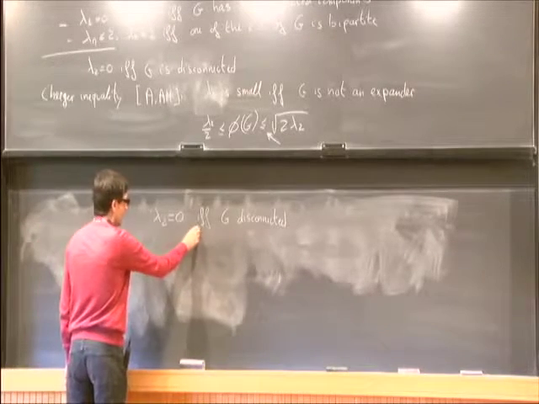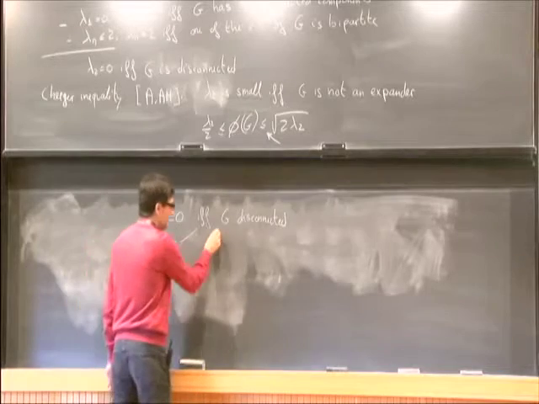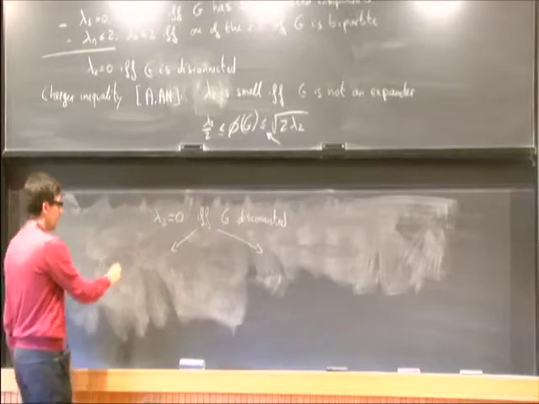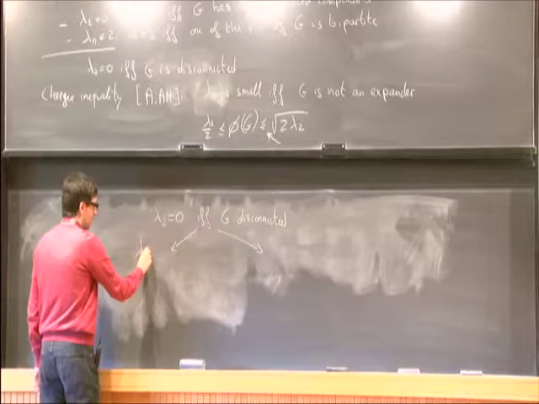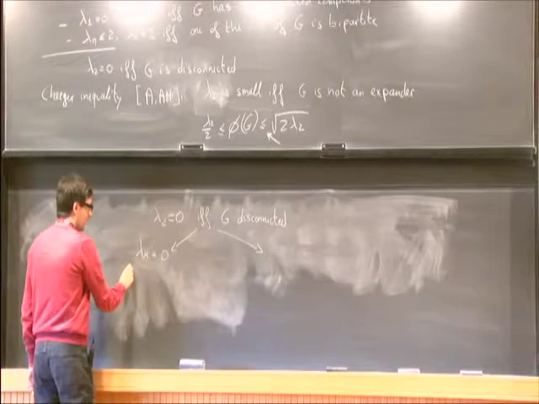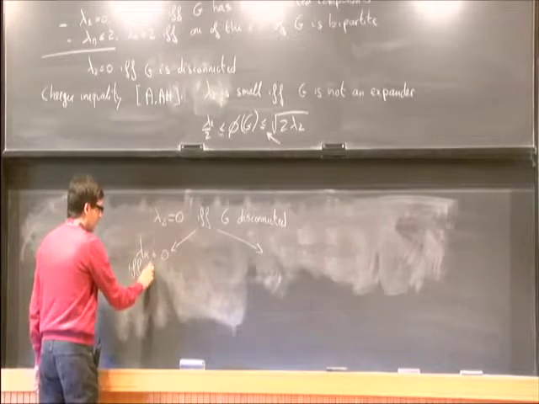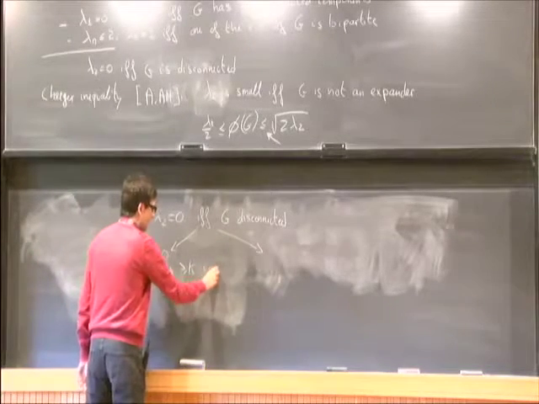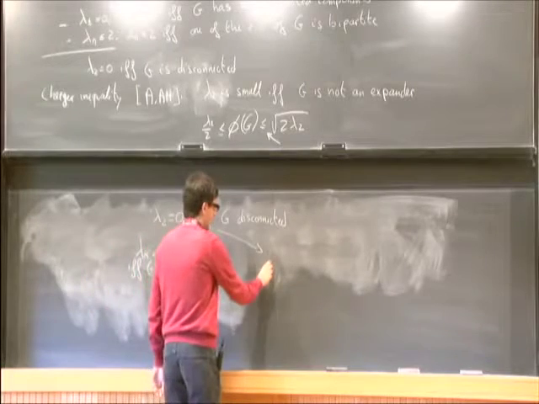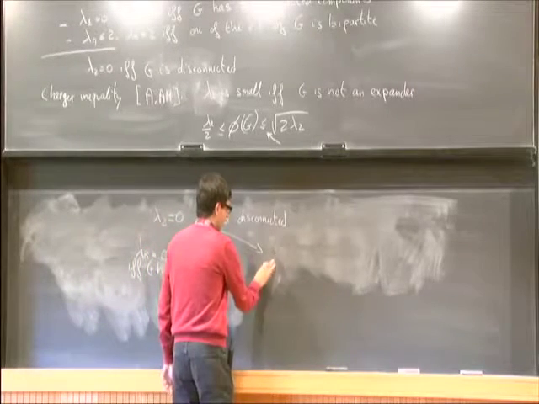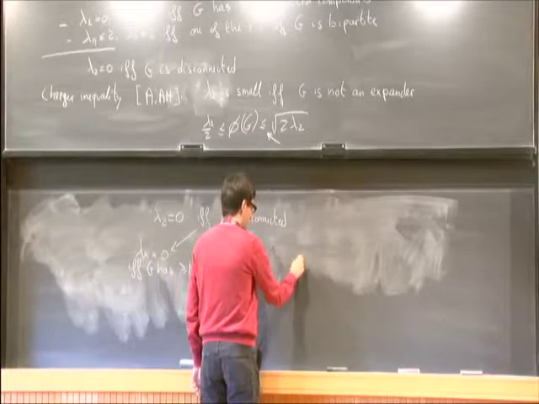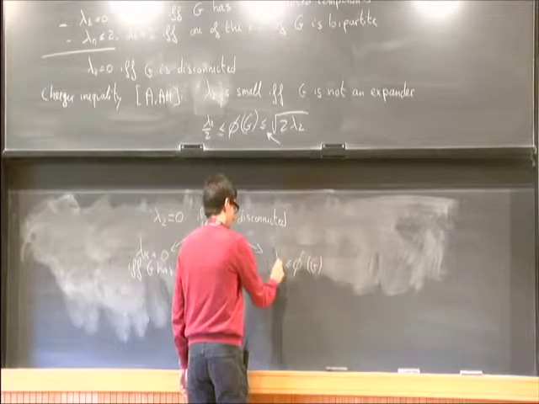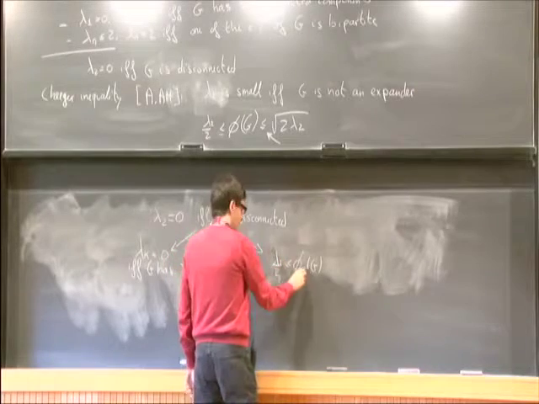And then look at how this argument can be generalized in two different directions to give previously known facts: that lambda k is equal to 0 if and only if G has at least k connected components, and the standard Cheeger inequality, that the expansion of the graph is upper bounded and lower bounded by lambda 2.